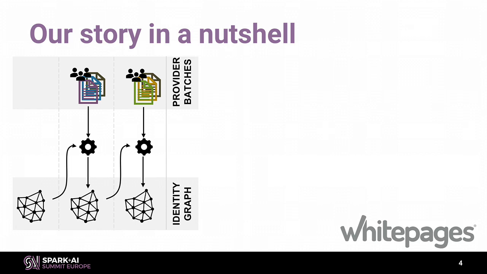This is a usual batch workload, so we get these flat files, mostly flat files, and we deal with the usual cleaning up and transformation steps. But it's also more complex than that, because talking about a graph database, we also have to create subgraphs, merge, resolve conflicts, etc.